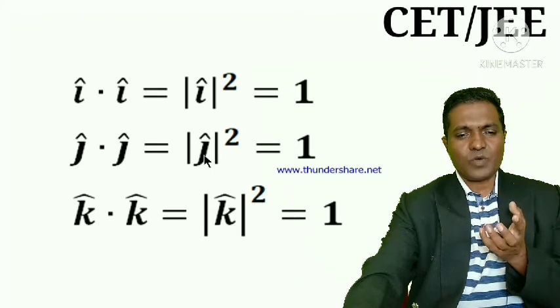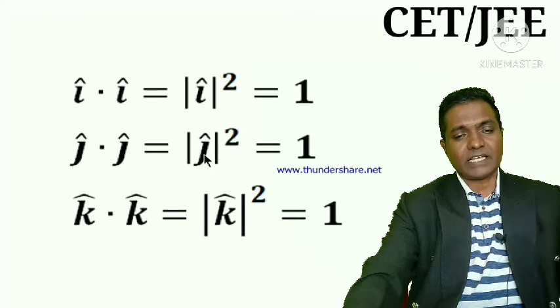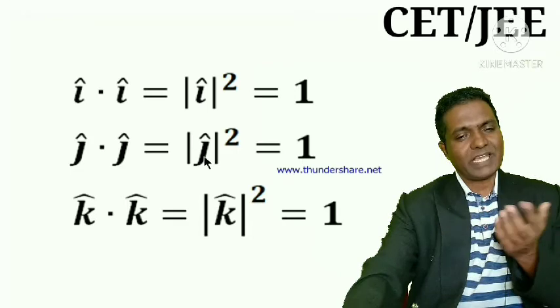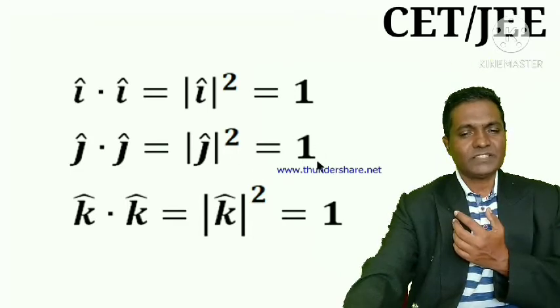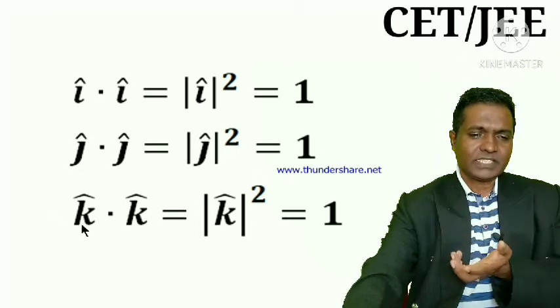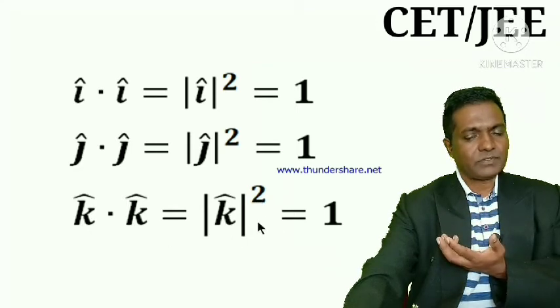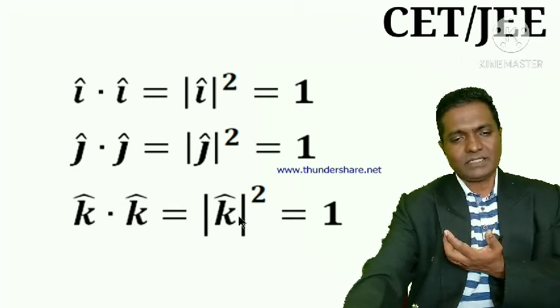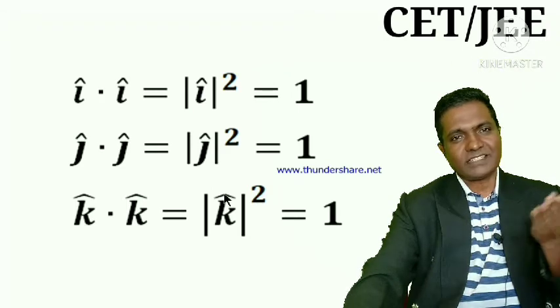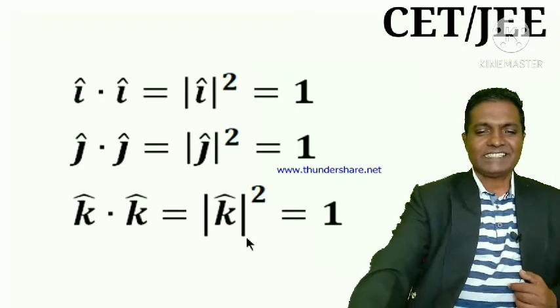So j cap is what? It is again a unit vector in the direction of y axis, whose magnitude is 1. So again 1 square is 1. In the same way, k cap dot k cap is magnitude of k cap square, which is also 1 because k cap is a unit vector in the direction of z axis.